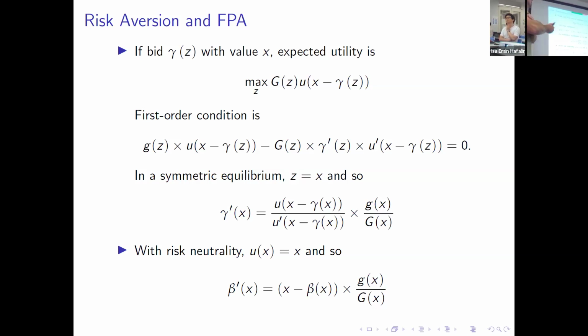The price that I will pay is my bid. If you differentiate this with respect to Z, you get the derivative of the first part, small g of z, times the second part itself, plus the first function, capital G of Z, times the derivative of the second function, U prime of X minus gamma of Z, times the derivative of the inside, which is gamma prime of Z. Since there is a negative sign here, this becomes negative.